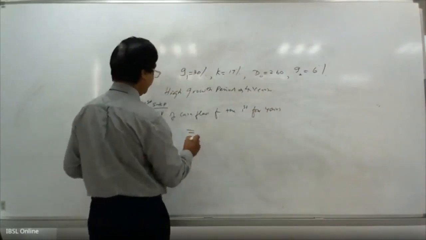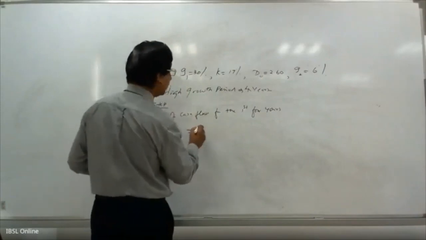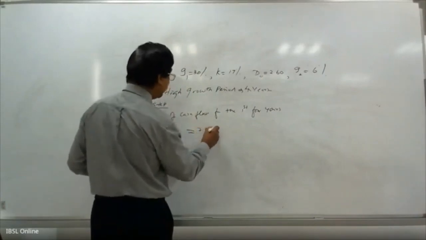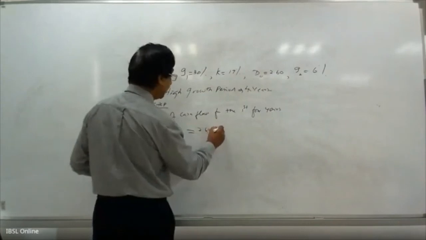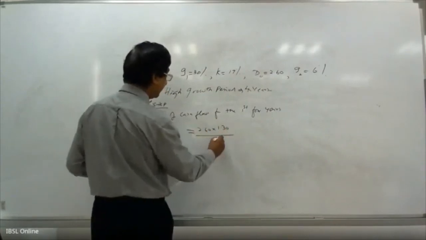It equals the first dividend, D0 which is 260 into 1.30 divided by 1.17.